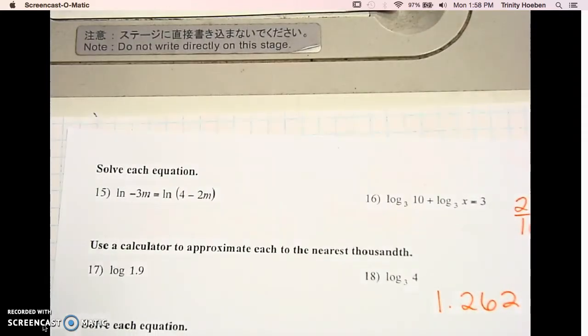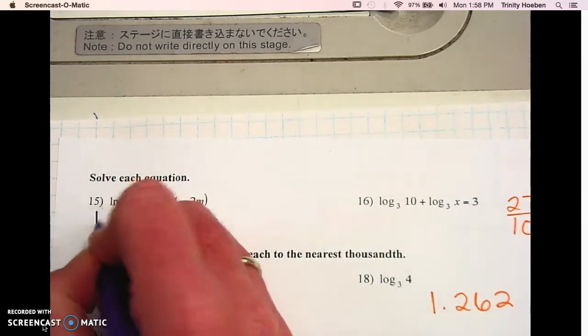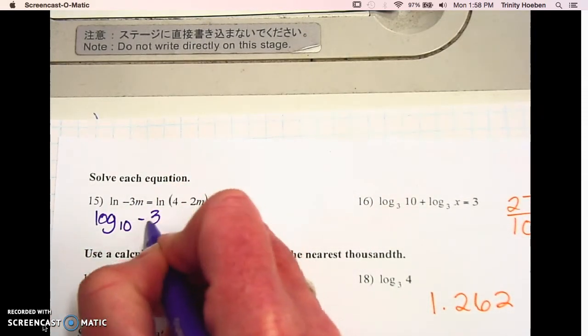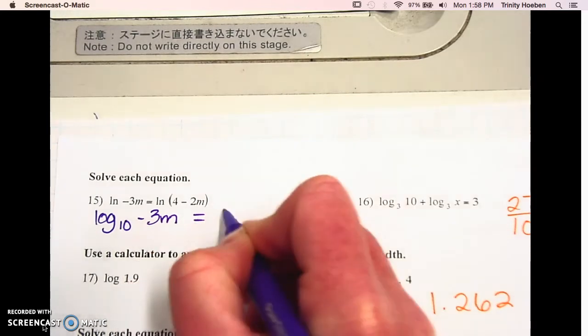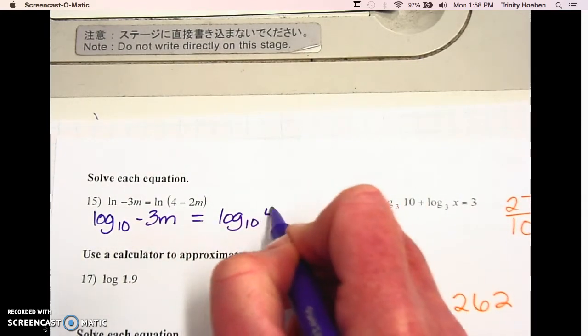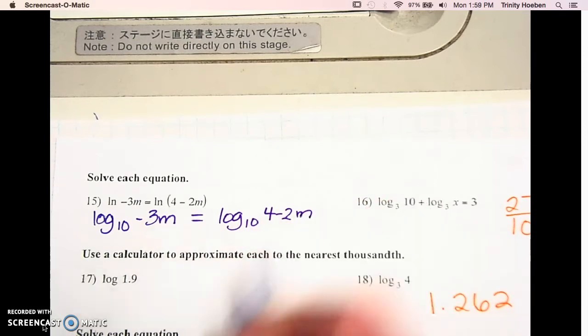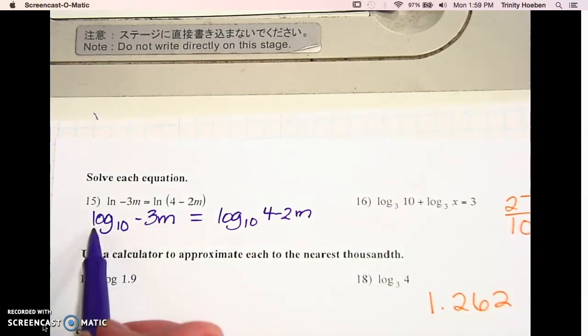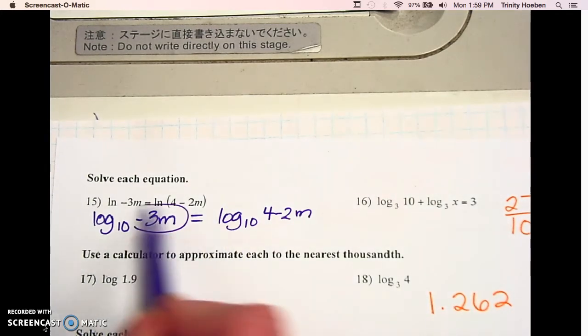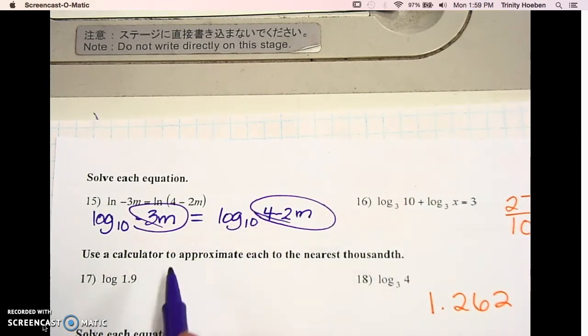And to the top of the next page, number 15. So we've got some fancy notation, ln, which can be read as natural log, but it just means log base 10 of -3m. Set that equal to log base 10 of 4 minus 2m. And then since this side has log base 10 and this side has log base 10, then these two items can just be set equal to each other.